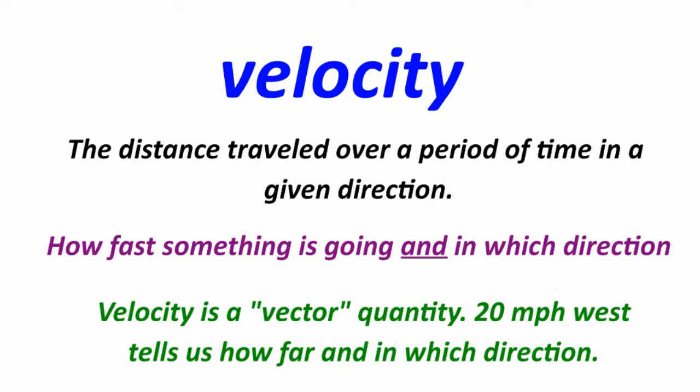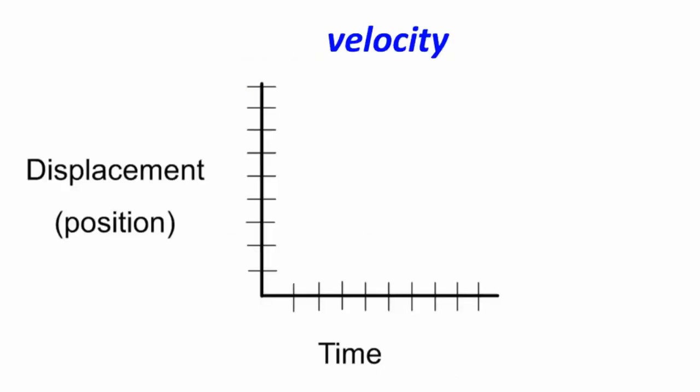Now where we're going to see some differences is when we graph those. So let's take a look at it. All right. Here's a velocity graph. Just like on the speed graph, we have time down here on the x-axis. But over here on the y-axis, we no longer have distance.